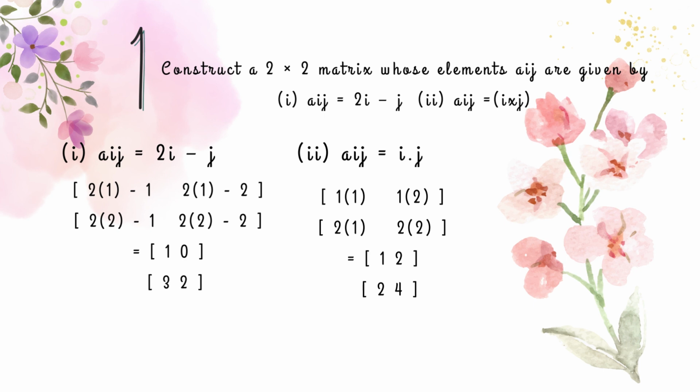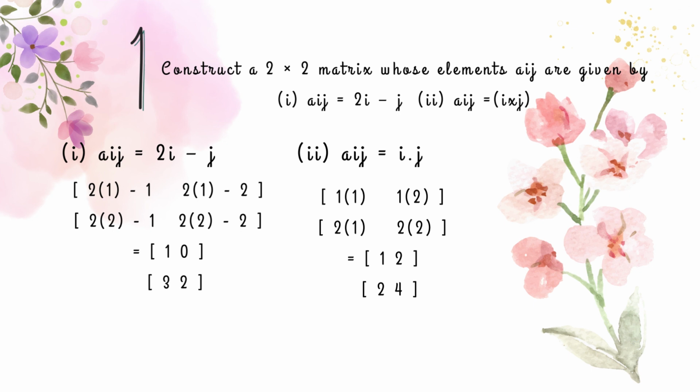So we take all the elements and write aij. a11, the first one, is 2 into 1 minus 1.